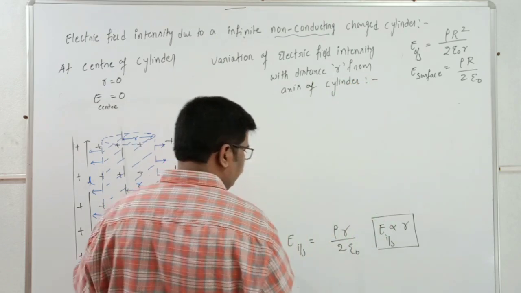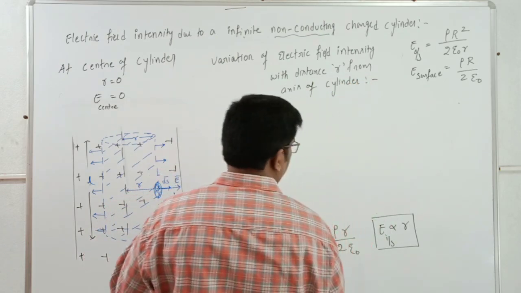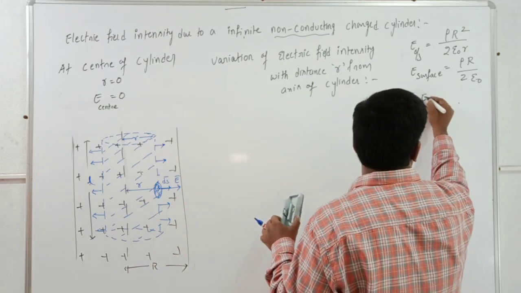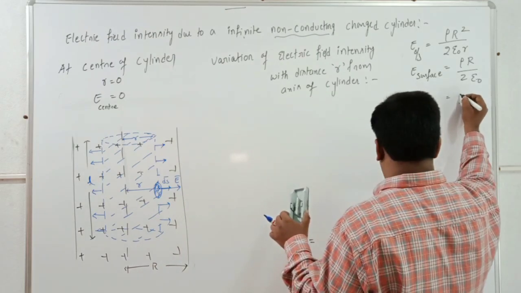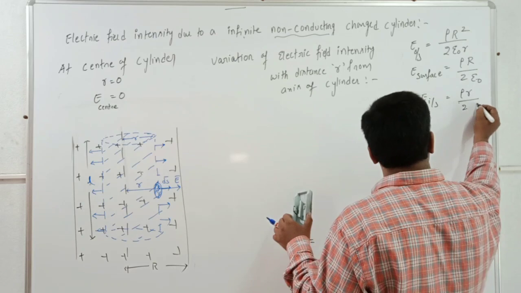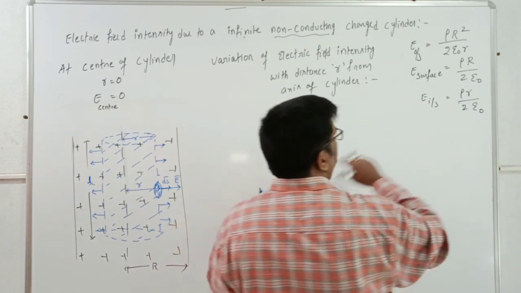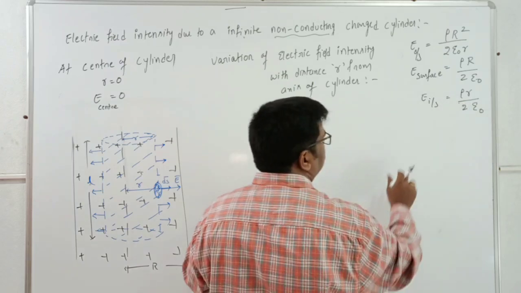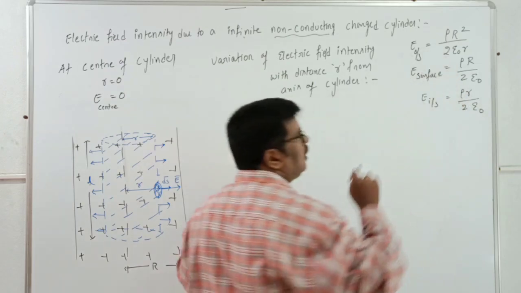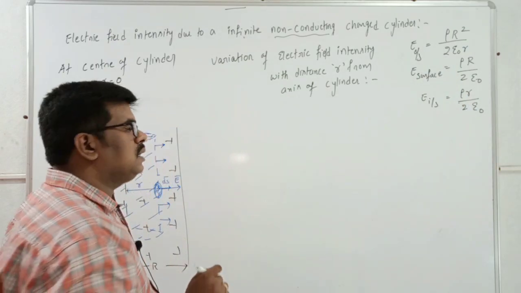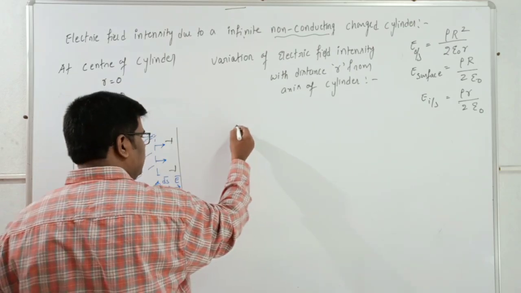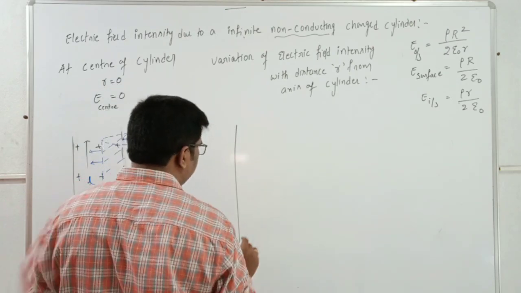Let us see that. You observe clearly that inside it is directly proportional, on the surface it is maximum, and outside it is inversely proportional. We are just going to draw that as a graph.